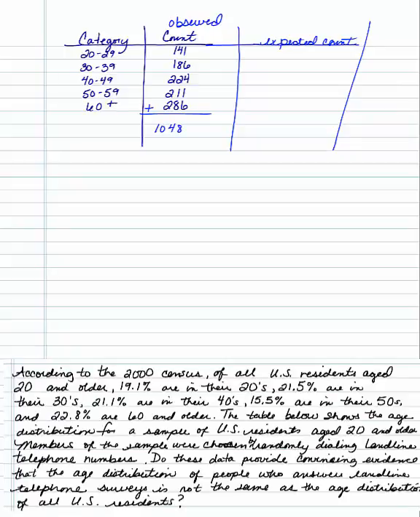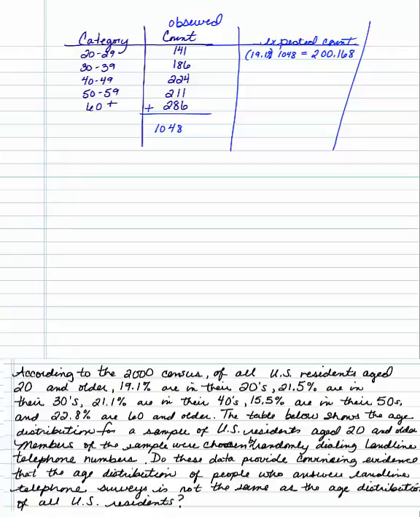Now, on the last page, 20 in their 20s was supposed to be 19.1%. So our expected count is going to be 19.1% of 1048, or 0.191 times 1048, which is 200.168.